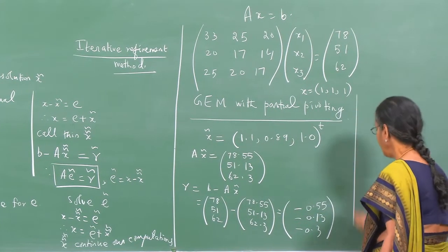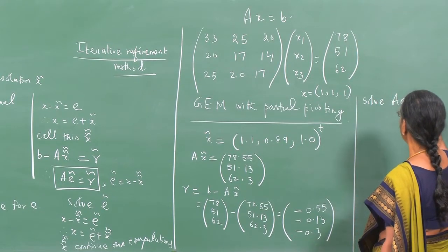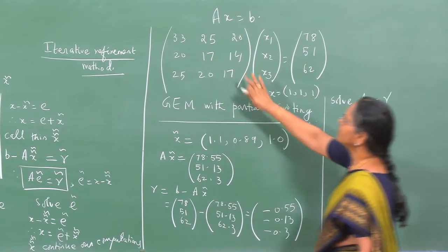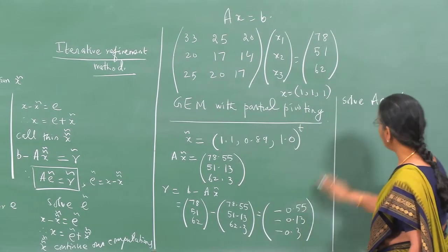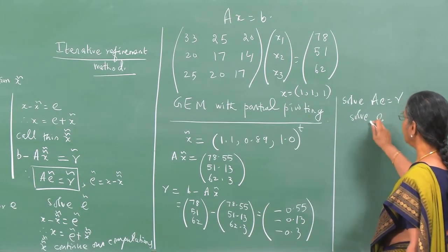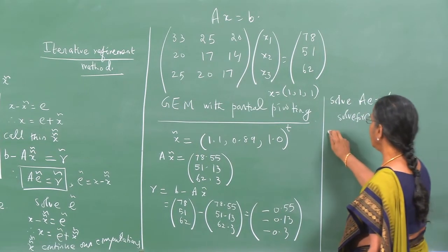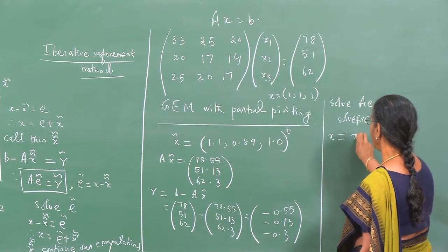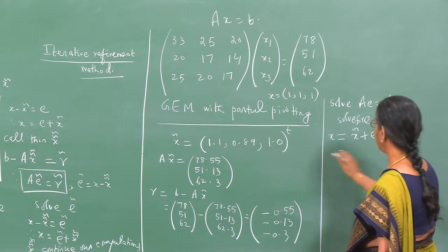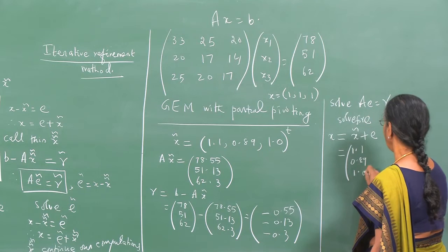So, what should I do now? I should solve the system A into E is equal to this residual vector R. You know what the matrix A is, you also know the right hand side vector R. So, you solve for E, the error vector. So, once you get E, then your solution x is going to be this x tilde plus E. What is x tilde? x tilde has components 1.1, 0.89 and 1.